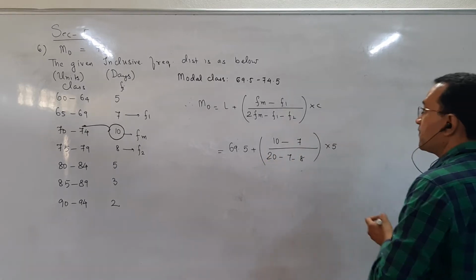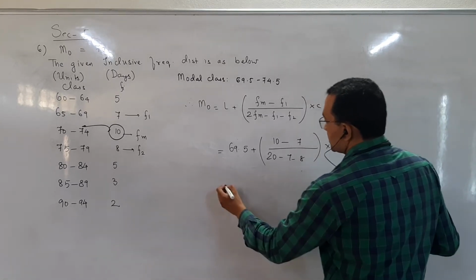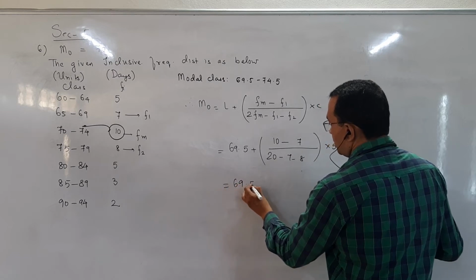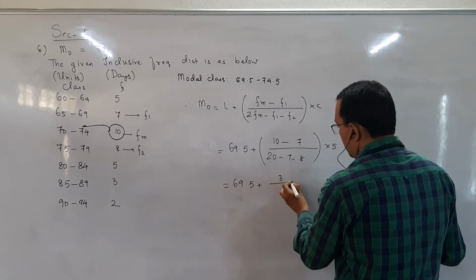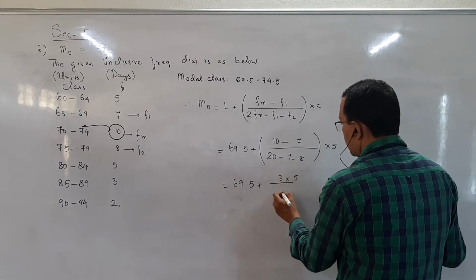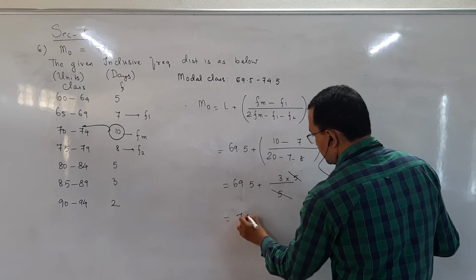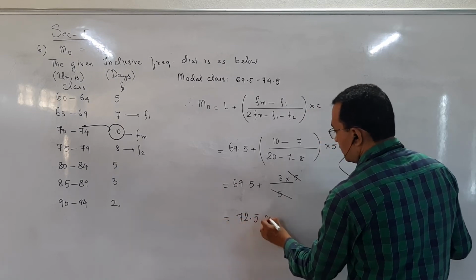And class length is 5. Class length is the difference between upper and lower boundary point. So this will become 69.5 plus 3 upon 20 minus 15 is 5. So this 5 and 5 get cancelled. So the answer is 72.5.